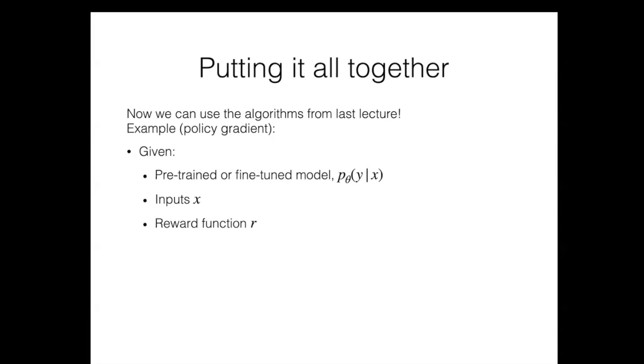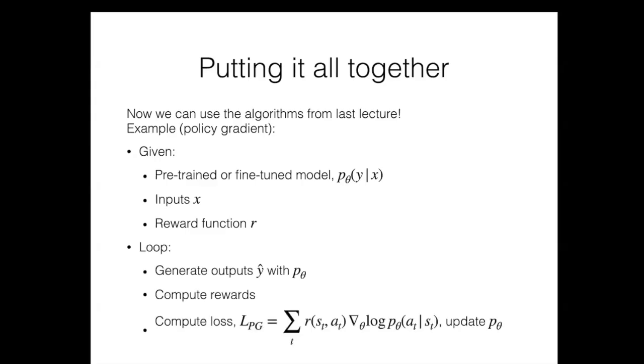So the inputs to your reinforcement learning algorithm will be some language model, which could either be pre-trained or fine-tuned. Then you have to determine what the inputs X are, so what prompts you're going to run this RL algorithm with. And then what is your reward function?